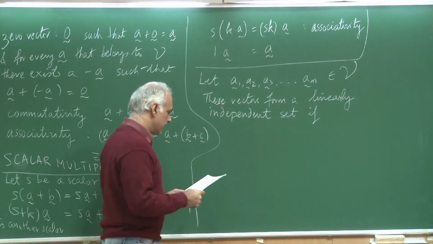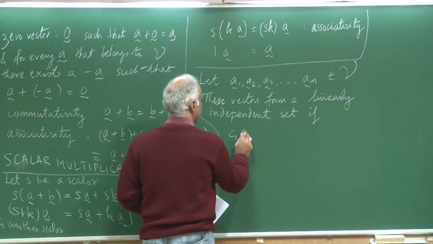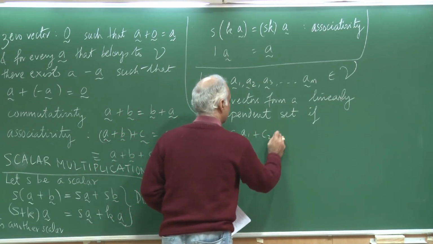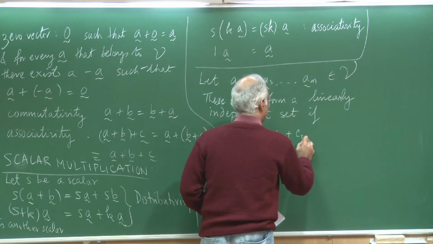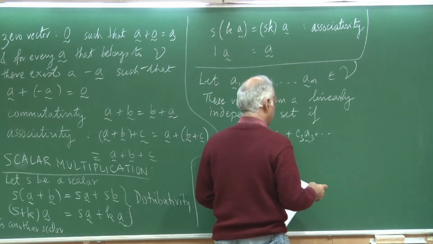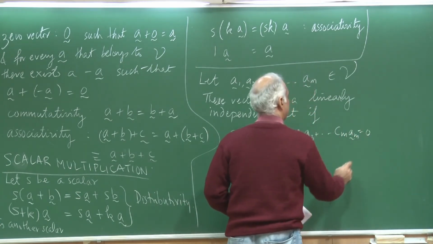So I introduce certain constants. I take C1 as the first constant, multiply that with the vector A1, plus C2 A2 plus C3 A3, and so on, up to Cm Am.